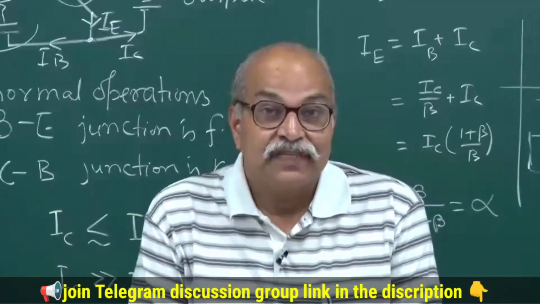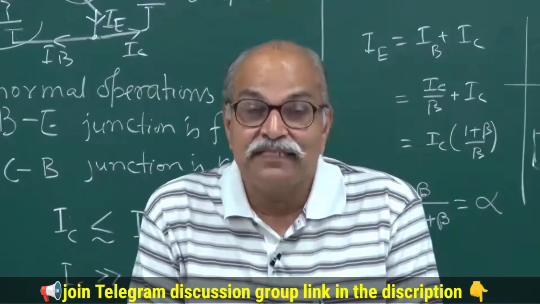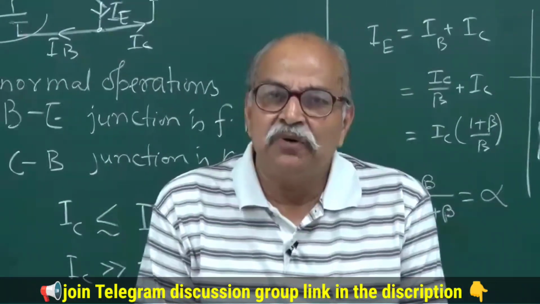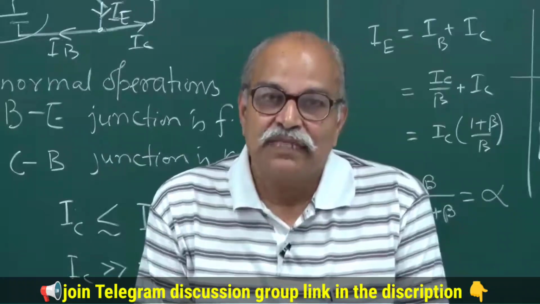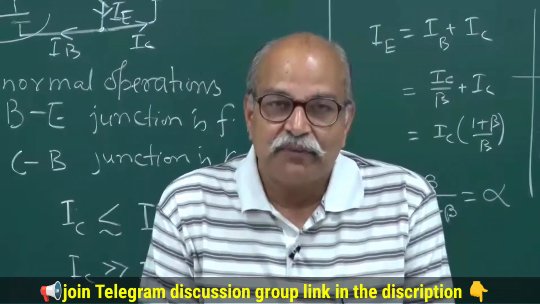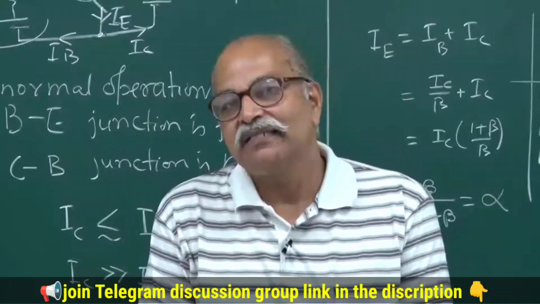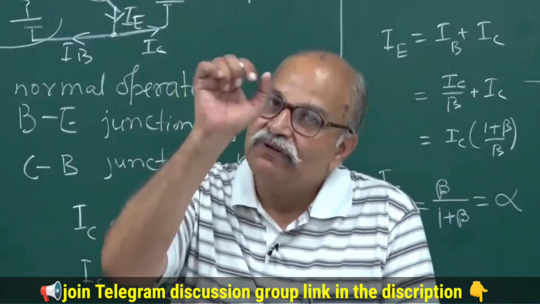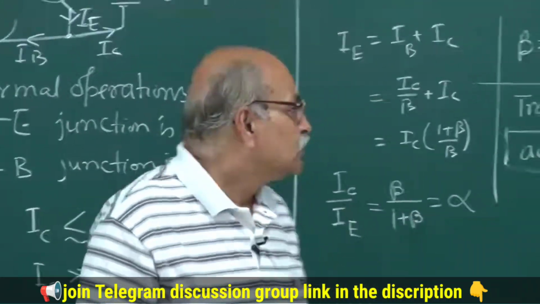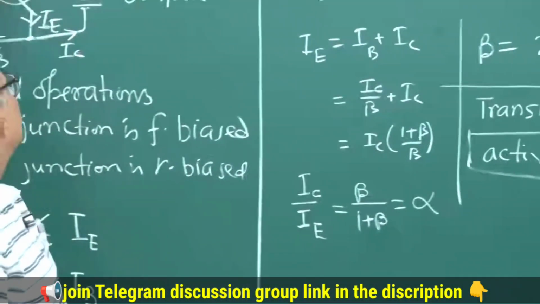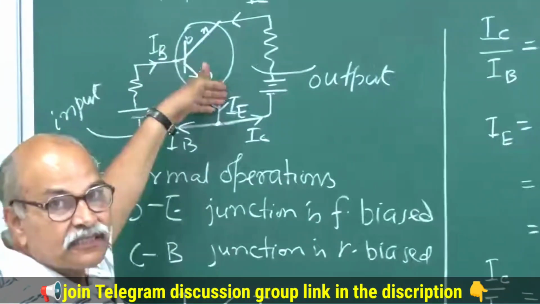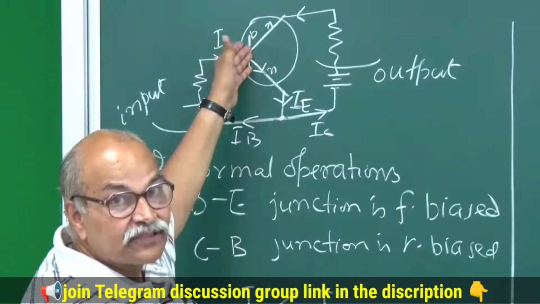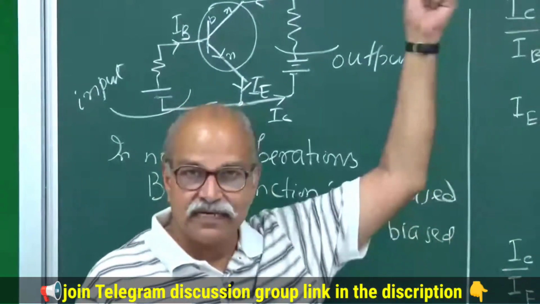If the forward biasing of the base emitter junction is not proper, very small biasing or no biasing, zero potential difference, then what happens? If you do not bias this PN junction, just leave it open or give it a very small voltage, then this PN junction will not operate. You know the VI characteristics: you need a small voltage, after that the current starts.